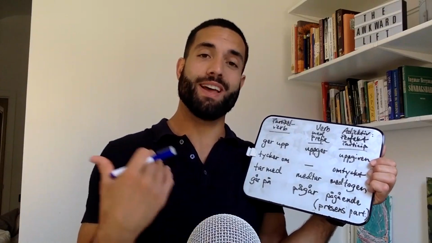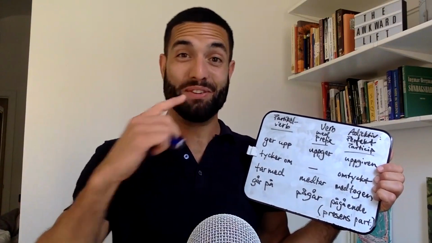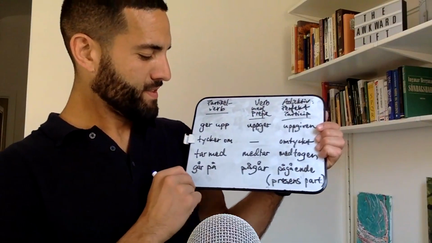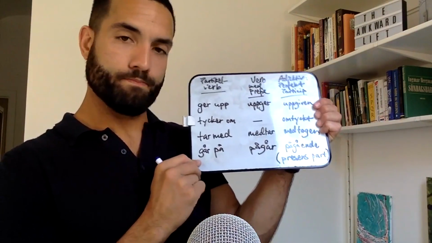Medtagen mat är inte tillåten på det här kaféet. Which makes sense. You know, if you have a cafe and you're a business owner, you don't want anybody else to bring their own food and eat in your restaurant. Doesn't make any sense. Well, medtagen mat, icke.